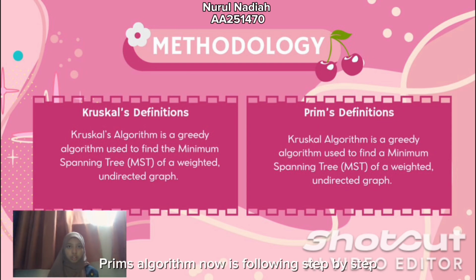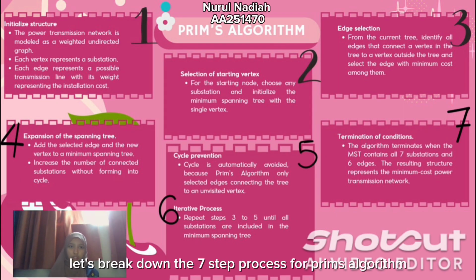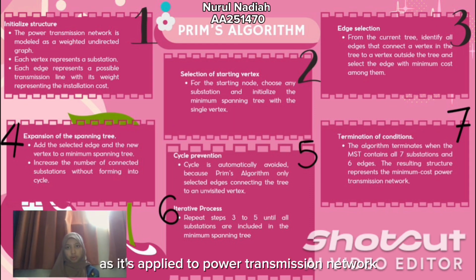Prim's algorithm. Let's break down the 7-step process for Prim's algorithm as it is applied to a power transmission network. Step 1. Initialize structure.